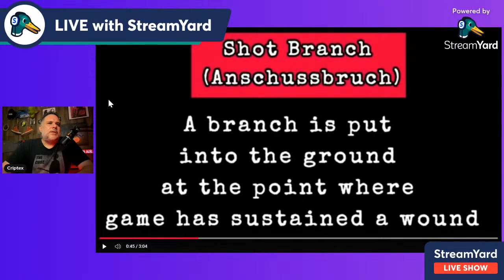This is important. In that ritual, there's something called Anschussbruch, or shot branch. A branch is put into the ground at the point where the deer sustained a wound, an injury. And remember that in the case of Abby and Libby, the perpetrators put sticks on the throats of the victims.